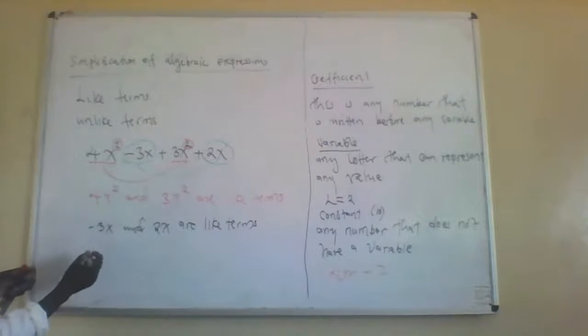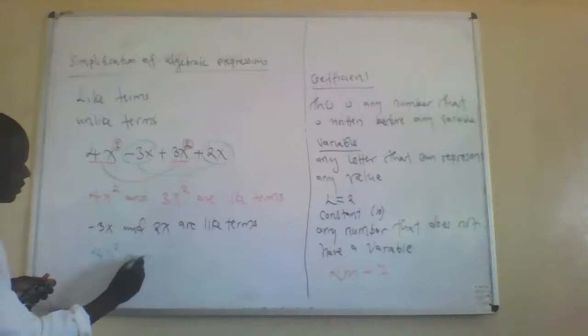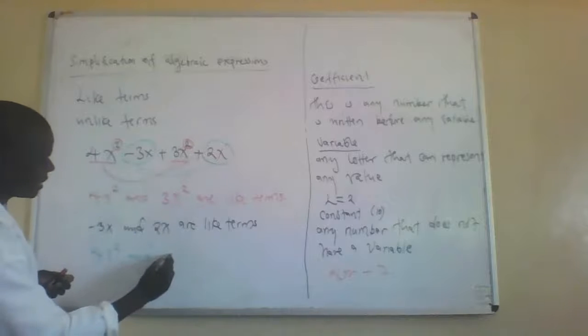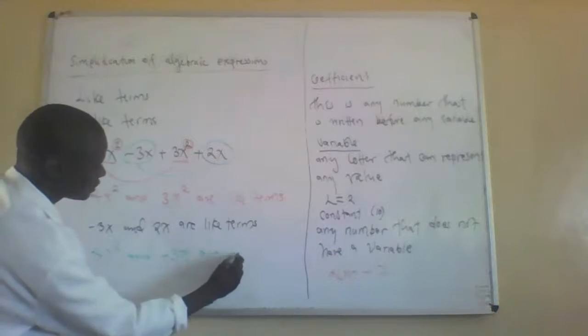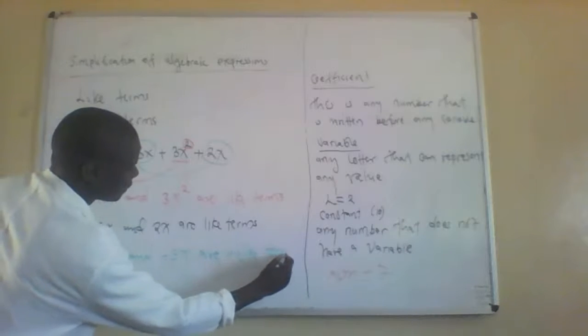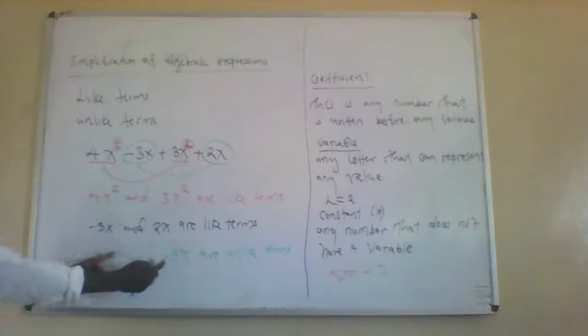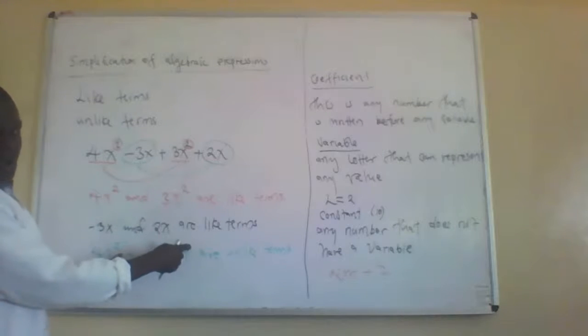So what can we say? We can say that 4x power 2 and minus 3x are unlike terms. Why are they unlike terms? Because they have different powers. Here the power is 2, here the power is 1.